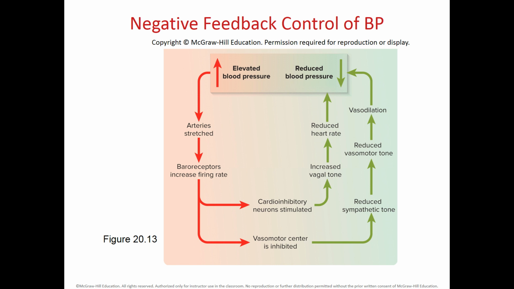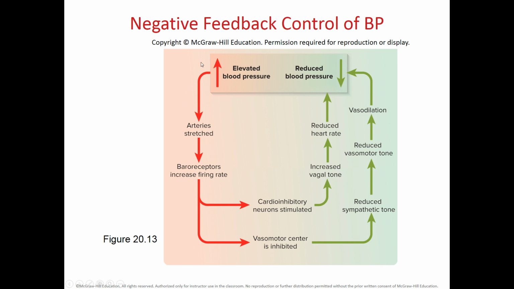And you can see it in here. So, when you have reduced blood pressure, you will activate these vasomotor centers within the medulla oblongata that will help to increase heart rate and the contractility of the heart, so you can increase the blood pressure.